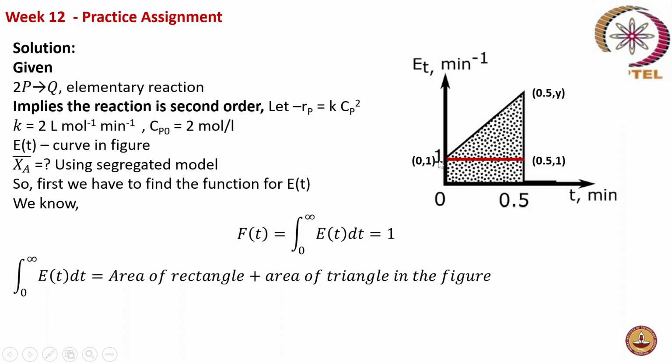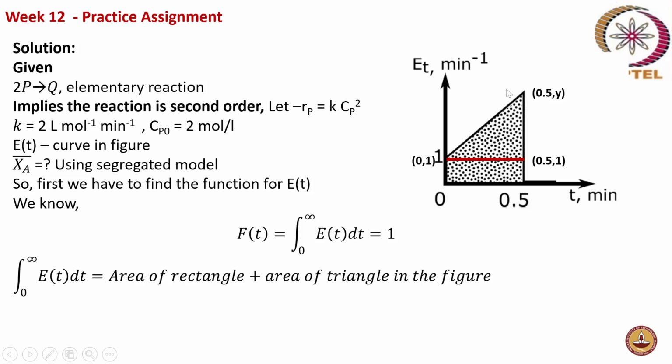We know that this point they have given as 1, and this point is 0.5. That means the x and y values of this point are 0 comma 1, here it is 0.5 comma 0, and here it is 0.5 comma 1. Whereas here we know the value of x, which is 0.5, but we do not know the y coordinate at this point.